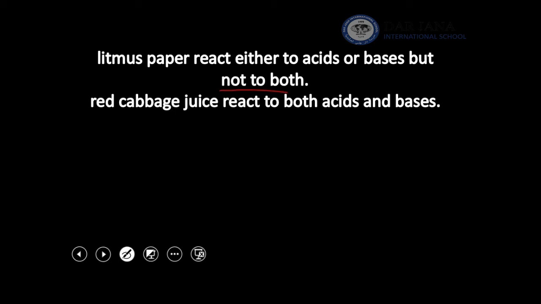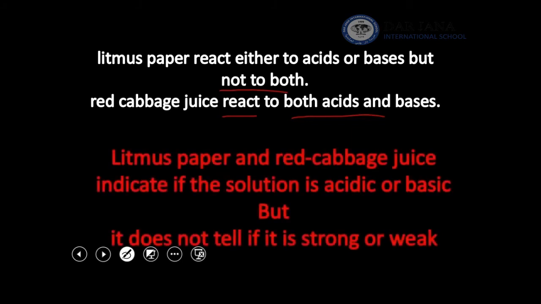But red cabbage juice reacts to both acid and base. Okay? So again, litmus paper and red cabbage juice indicate if the solution is acidic or basic, but they do not tell how strong or weak an acid or a base is.